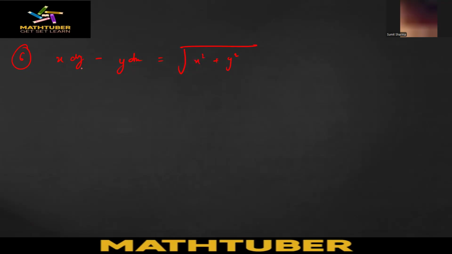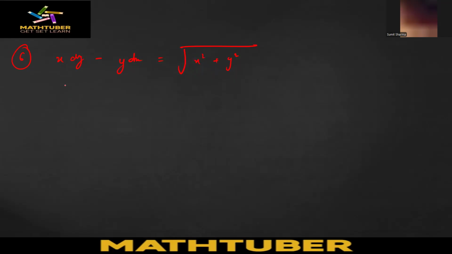So the power of x here is 1, the power of y here is 1, but here the power of x square and y square, means x and y, is 2. But there is also square root on both of these. So we can say that the square root of the square is only 1, right? So we can conclude that the powers here is the same for all the terms.